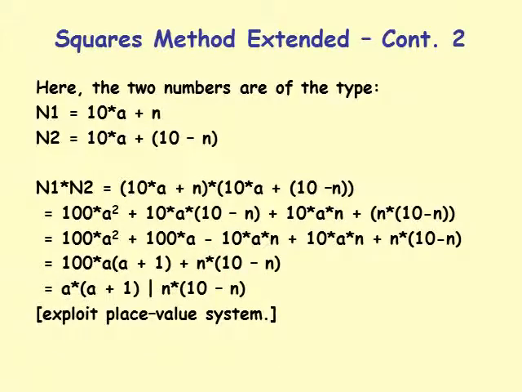Let's continue here. On the left side is a times a plus 1. On the right side is n times 10 minus n. If there are only 2 digits in the right part, this represents 100 times a times a plus 1. So we would exploit the place value system when we can, but we have to honor its rules.